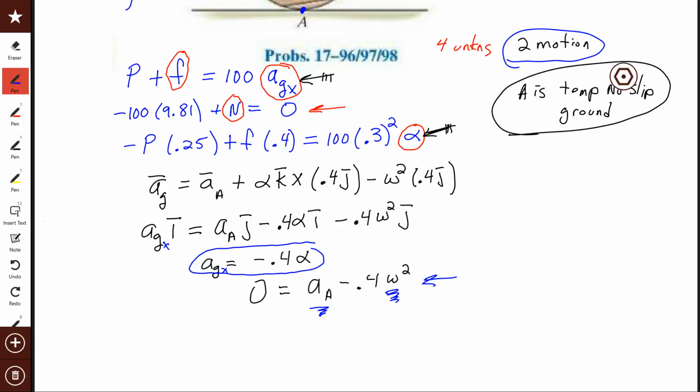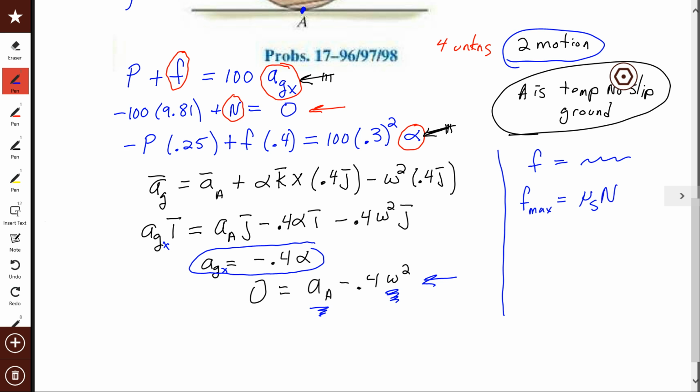Now, how will you know if your assumption is valid? Well, you're going to calculate the friction, and you're going to get a number. And then you're going to write what is the maximum friction. The maximum friction that you can get is mu s n. Then you're going to take the absolute value of F, because the only thing the negative sign tells you is that you drew it in the wrong direction.